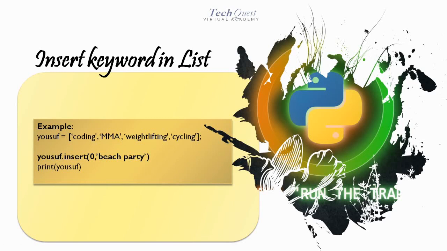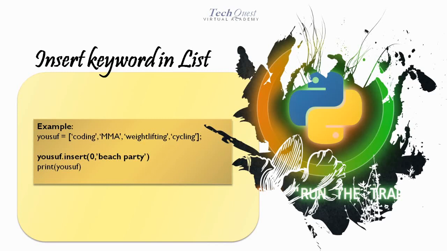If we add the beach party at the 0 index, whatever index value we mention here, the string we want to add will be added at that index value. I wanted to add a beach party string at the 0 index.